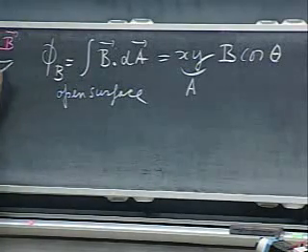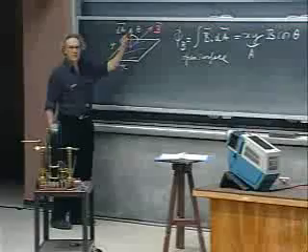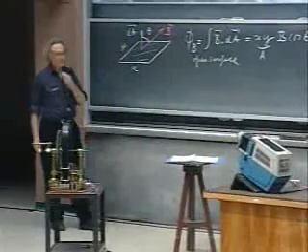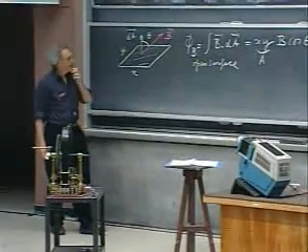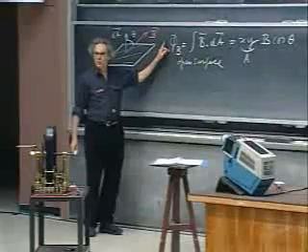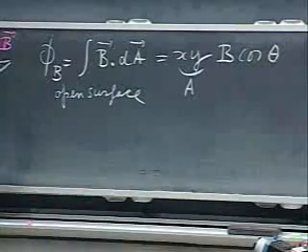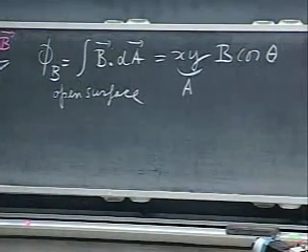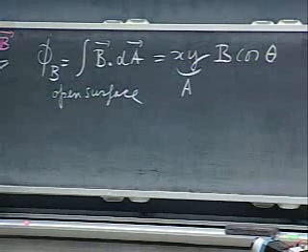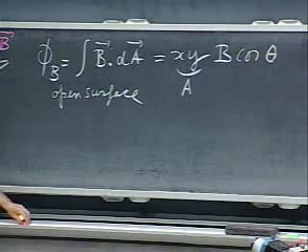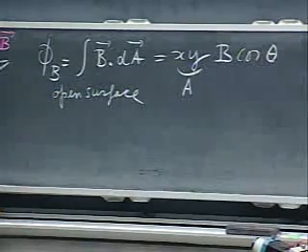This number here, the way I have chosen my dA, is a positive number. If somehow this number increases in positive value, the induced current that is going to run will try to create a magnetic field to oppose the change.